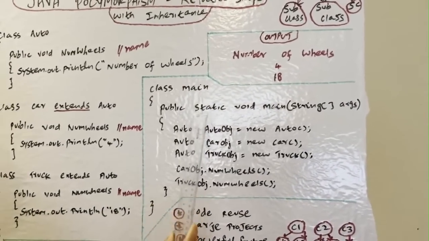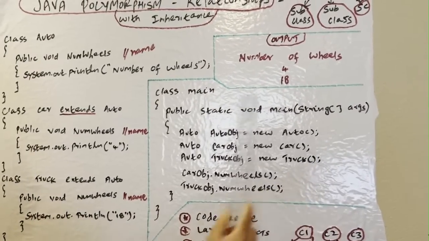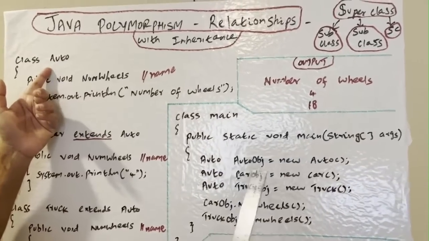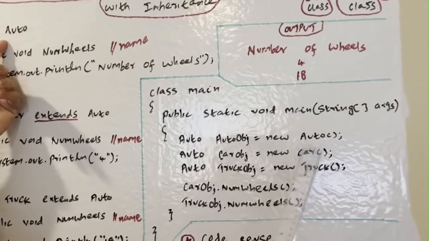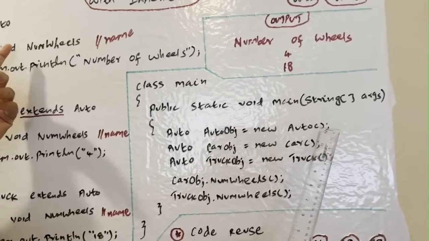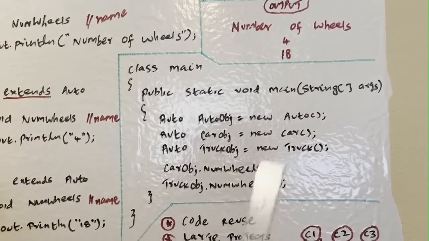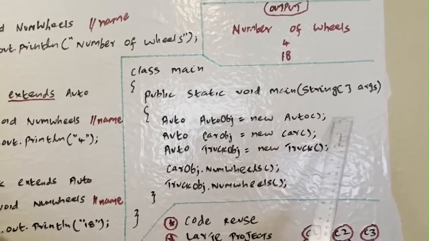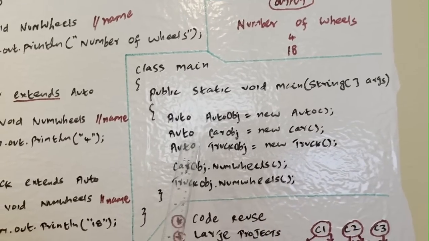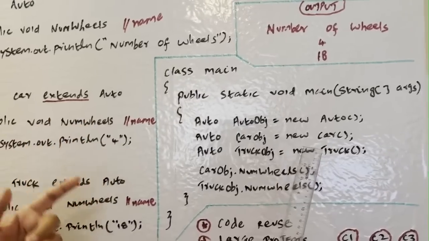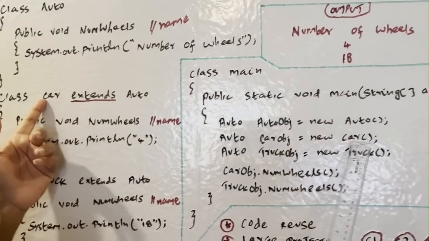Class main, public static void, all this general syntax. I'm calling this auto main class, auto object equal to new auto object here. Okay. So this instantiates the auto object. Next one is auto car object equal to new car function, car, this one.